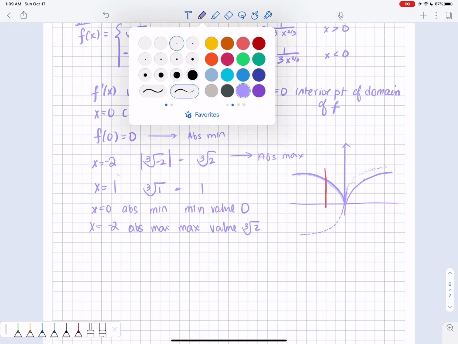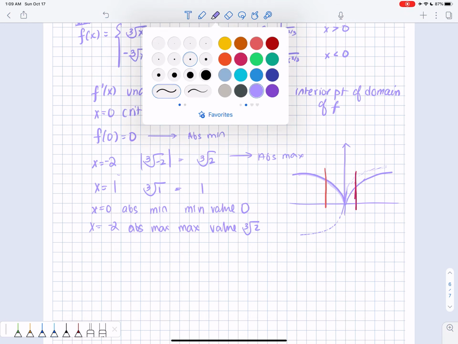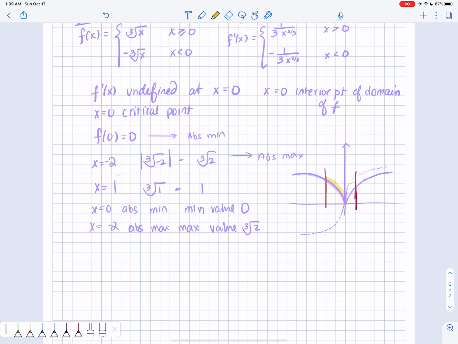And the domain you have is negative 2 to 1. And from this, when you restrict your attention to this part, you can see that the absolute max occurs there and the absolute min occurs there.